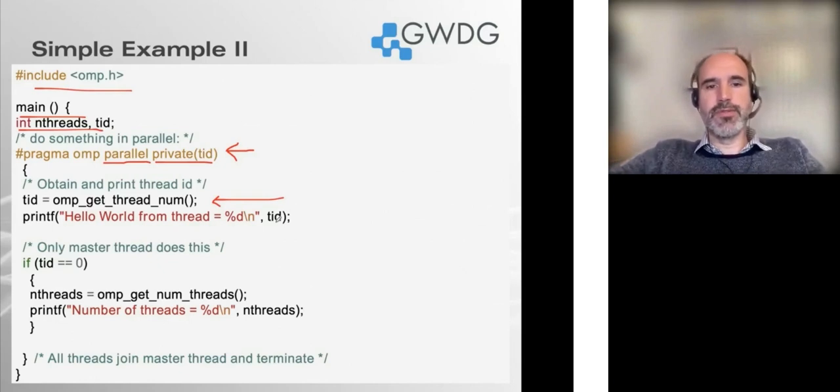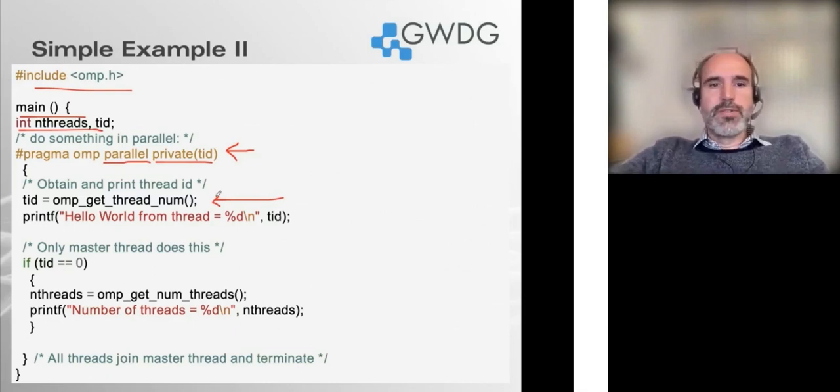As I mentioned already before, we have the master thread, which has the thread ID 0. And we have the worker threads, which have then numbers 1 to n minus 1, if you have in total n threads.